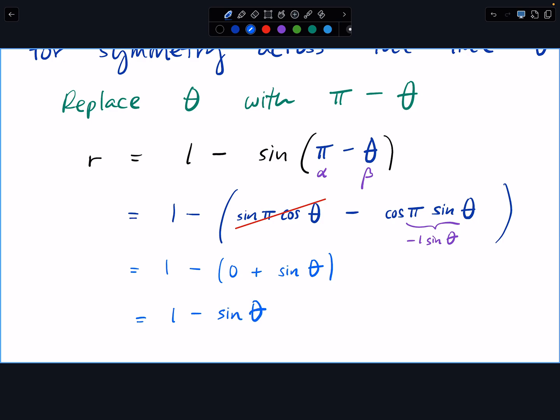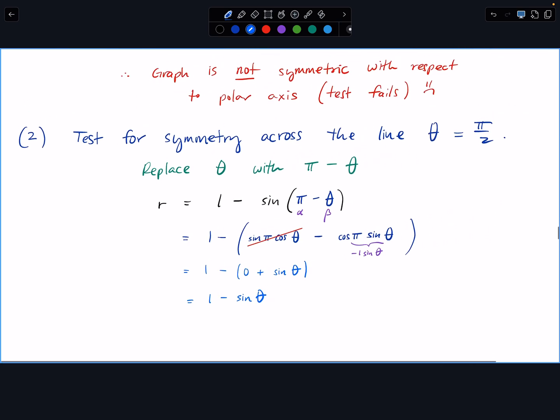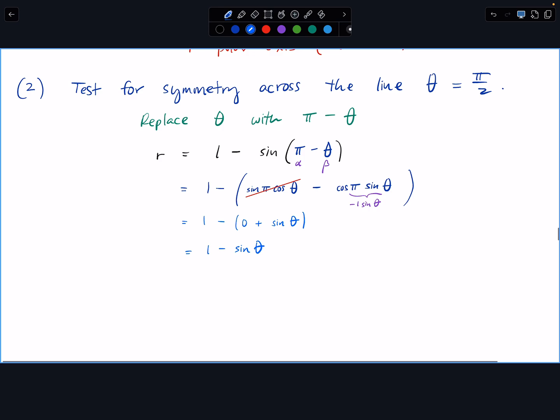So does our test pass? Hooray, it does. I am not trying to make your lives more difficult. One of the tests should always work, either the first one or the second one or all three.